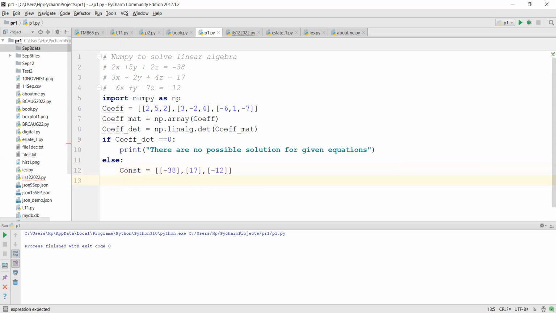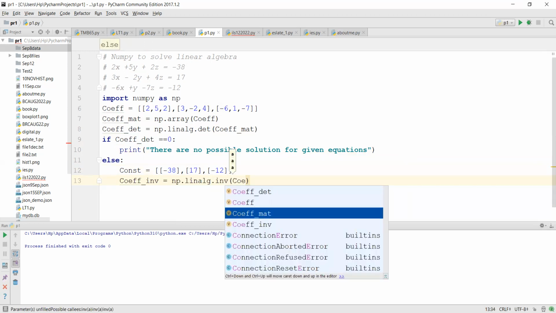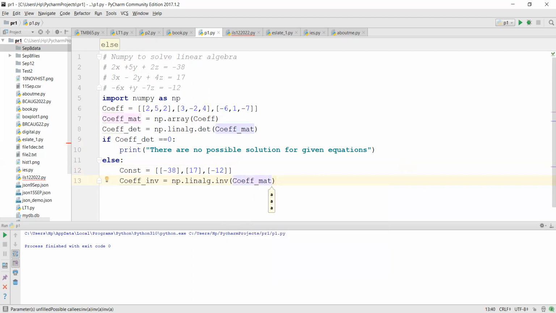So you end up creating something like this. Now you need to multiply the inverse into the constant. So coef matrix inverse equal to np dot linalg dot inv of coefficient matrix, right? And how do you perform multiplication? Okay, so I'm going to say solution equal to, yeah, matmul.